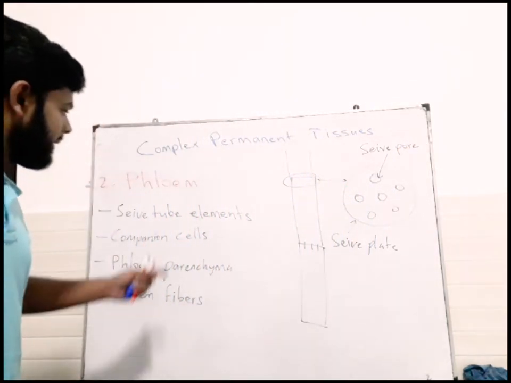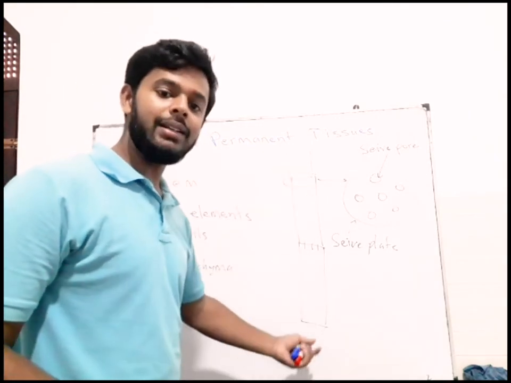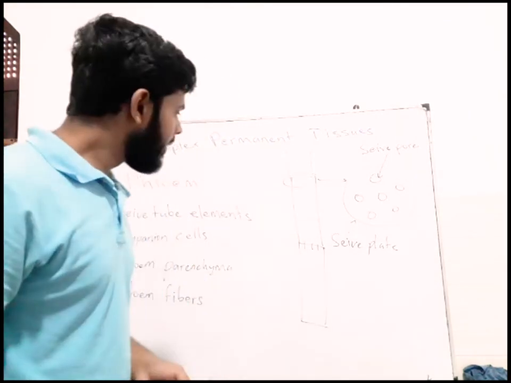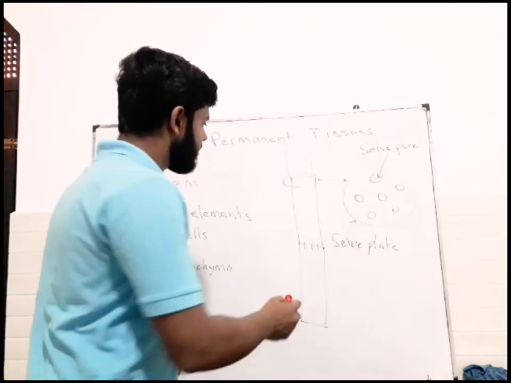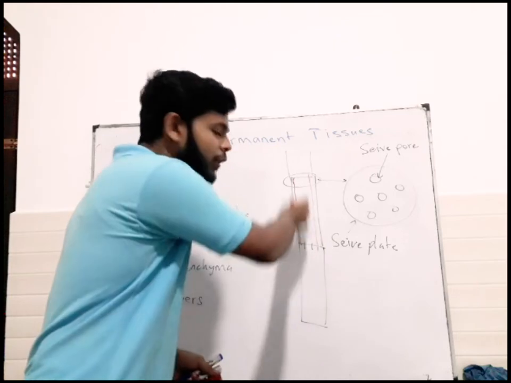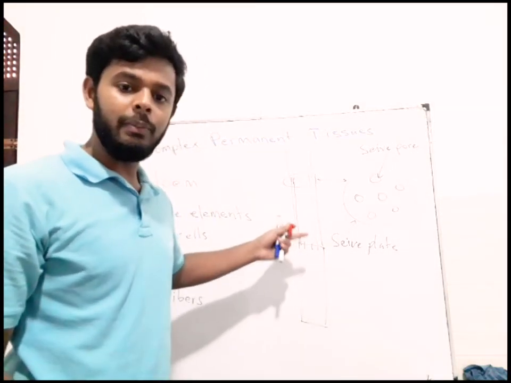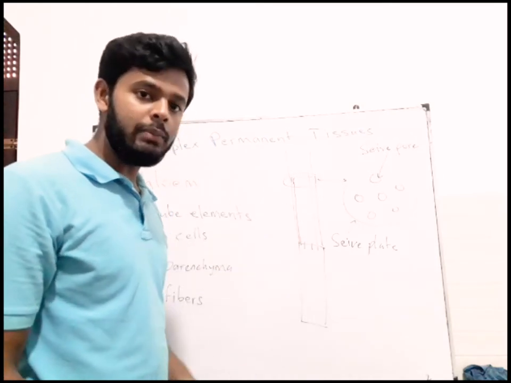And for the easy translocation of food and other nutrition across this tube, most of its cell contents are confined to the margin and most of its middle part looks empty, which enables the conduction of substances through the phloem tissue.